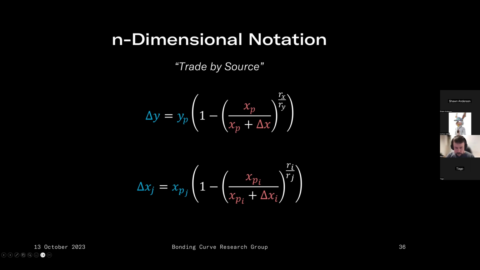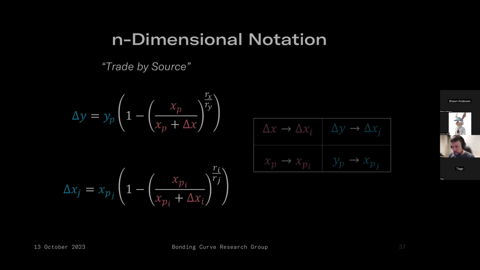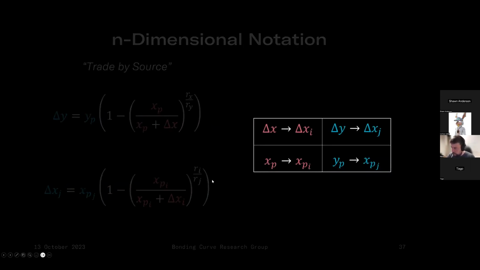And so this looks, I guess, a little bit weirder because there are X's all over the place now. But if it helps, just keep in the back of your mind that all we're doing is making it explicit that X is just a generic variable name for a pool balance of some token, and then we always subscript it with some number that denotes which token we're talking about.